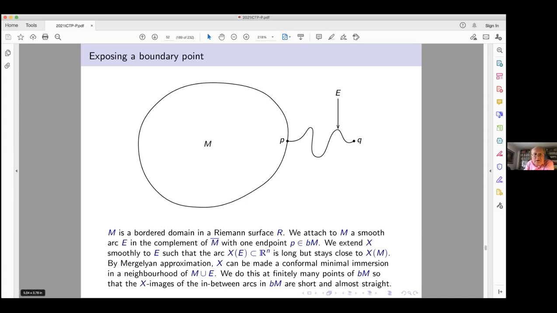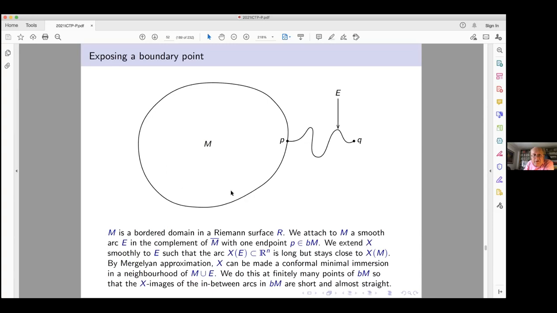What is exposing a boundary point? Exposing a boundary point is the following thing. This will be used to increase the intrinsic distance to one or maybe finitely many boundary points. And this will be useful for the application of the second technique.